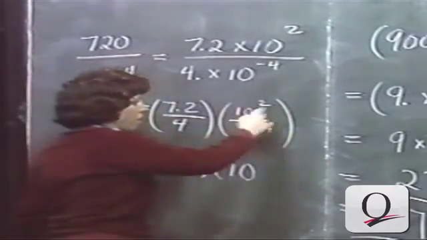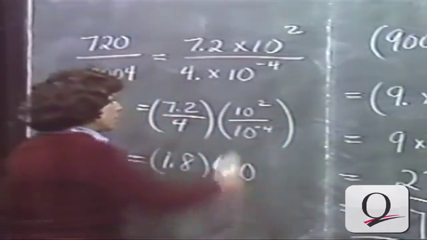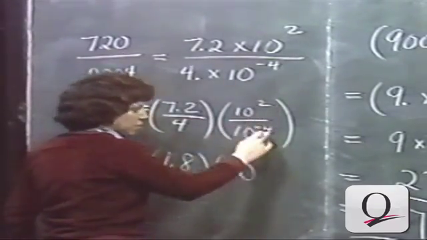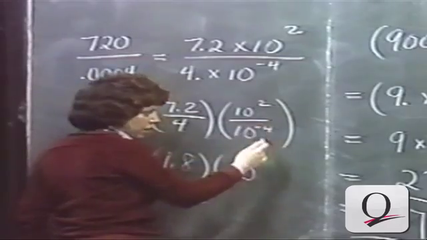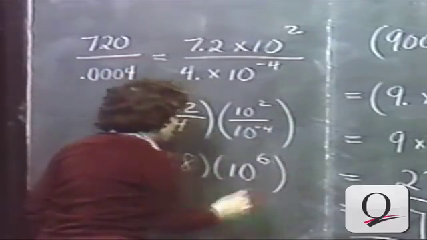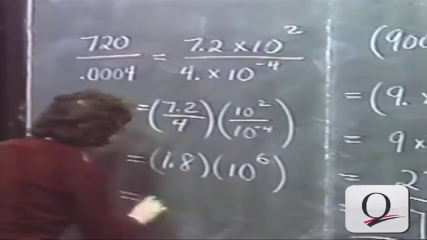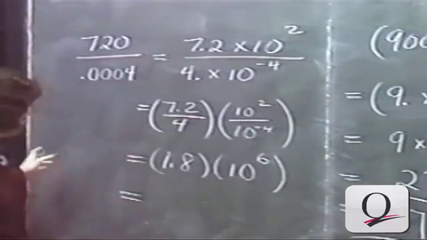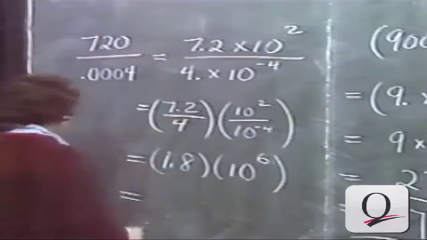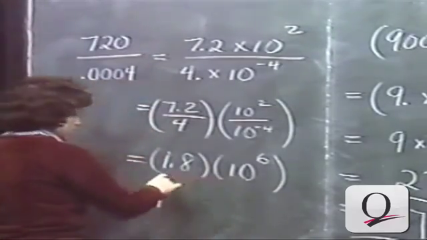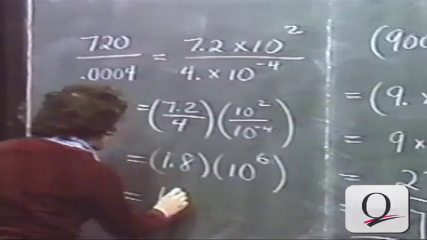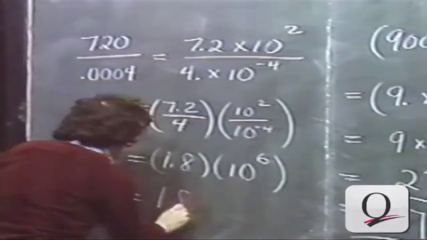That is, when you divide, you're going to subtract the powers. So 10 to the 2 over 10 to the minus 4 is 10 to the 2 minus a minus 4. 2 minus a minus 4 is 2 plus 4, or 6. So you get 1.8 times 10 to the 6th. You can leave your answer in this form, or if you want to write it without a power of 10, 1.8 times 10 to the 6th means 1, and instead of having the decimal there, we're going to move it 6 places to the right.